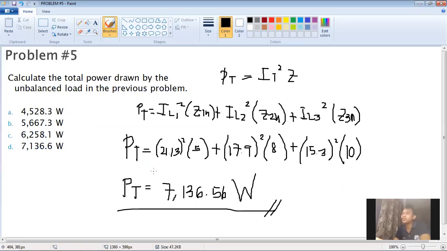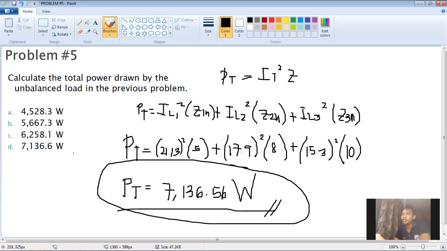So upon calculation, the total power is 7,136.56 watts, or 7136.6 watts. So basically, they are all the same. So the answer is D.